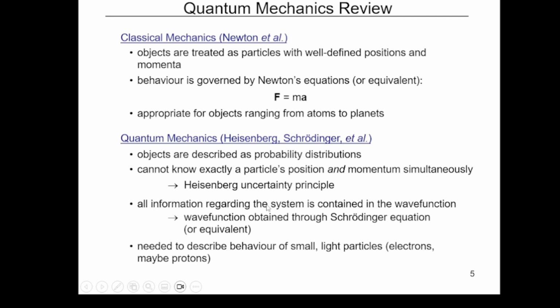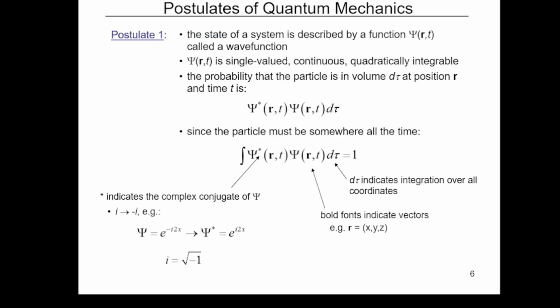All information regarding the system is contained in the wave function, and the wave function is obtained through the Schrödinger equation or something equivalent to that. It is needed to describe the behavior of small light particles such as electrons, maybe protons. The behavior of small particles like electrons and protons cannot be determined by classical mechanics because in classical mechanics there is no electronic structure. It is simply a ball for an atom and a spring for bonds between them.